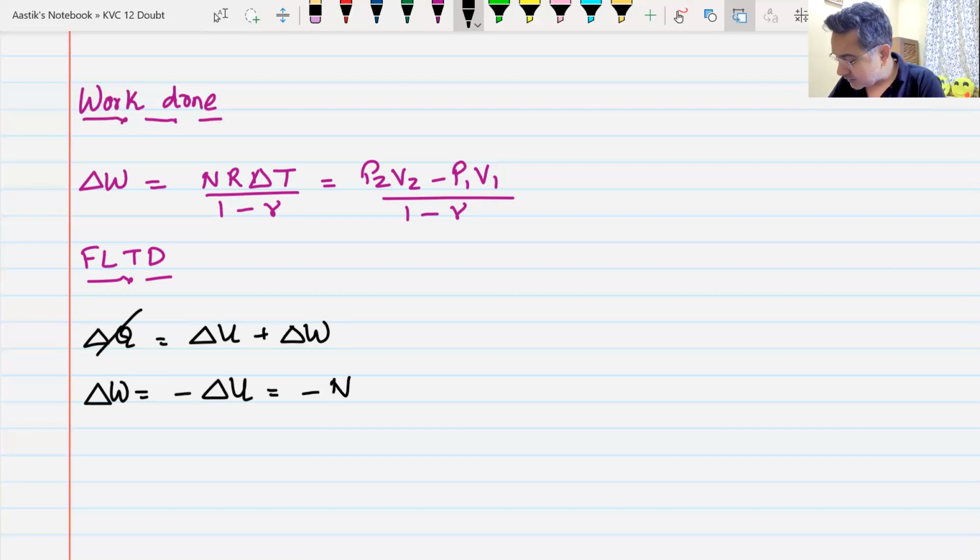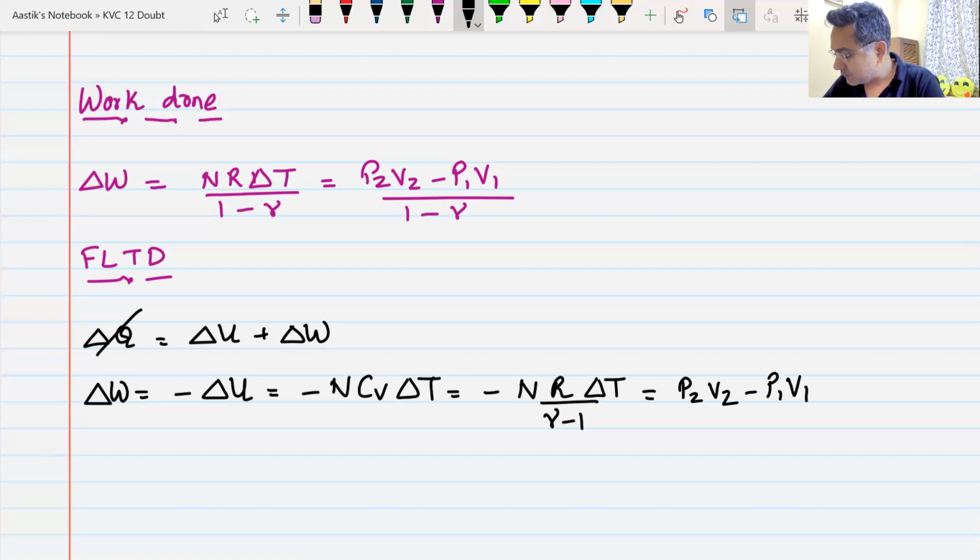Minus n CV delta T is the first form. CV can be written as minus nR upon gamma minus 1 into delta T. You can also write it as P2 V2 minus P1 V1 divided by 1 minus gamma. So this is the way I remember work done in an adiabatic process. If you want, you can remember it in the same way.